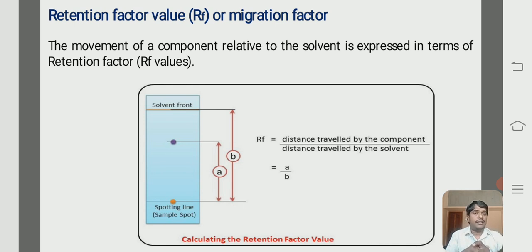So how can we calculate this RF value? This can be calculated by the length of A, that is the distance travelled by the component, divided by the length of B, that is the distance travelled by the solvent. So by this method we can calculate the retention factor or retardation factor.